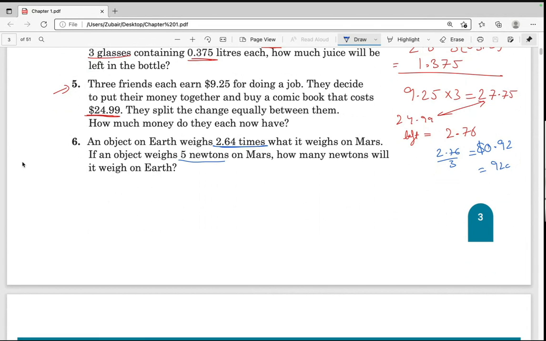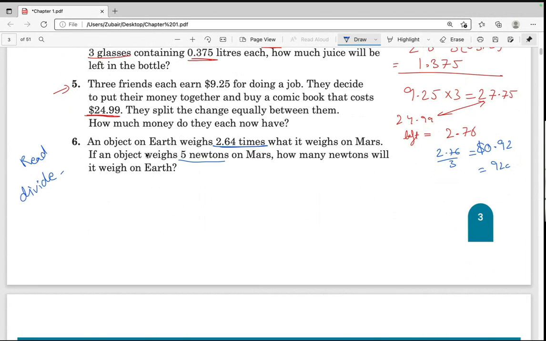Read the statement again. It is divide, then we multiply. Because he actually switched the theme of the question. Yes, sir. I get it.